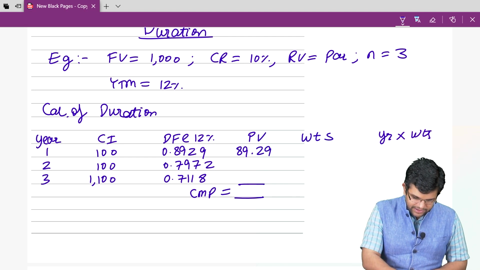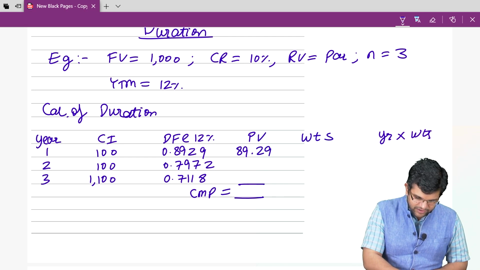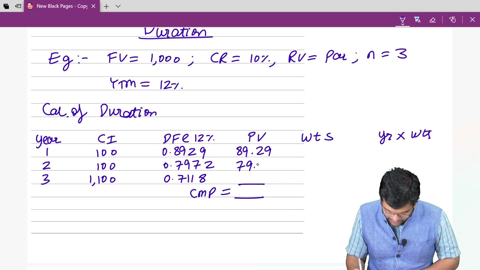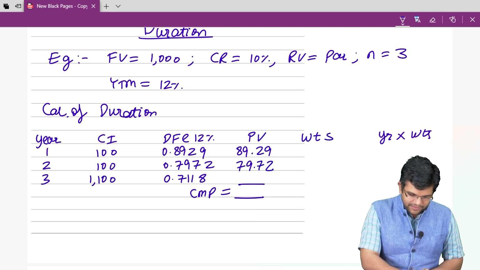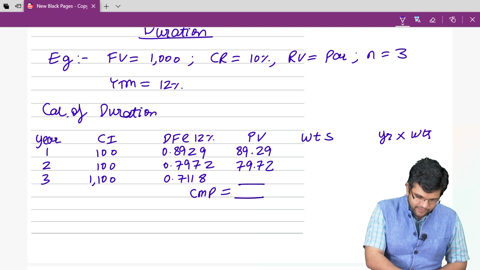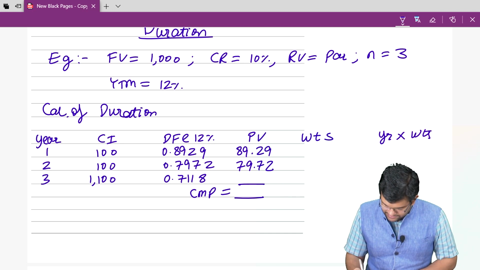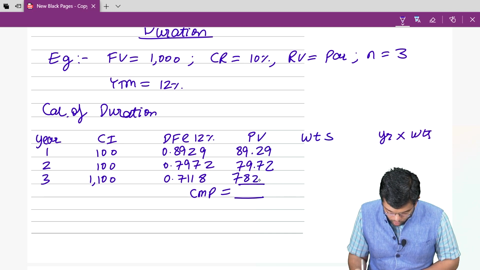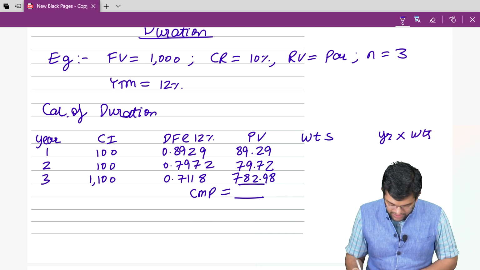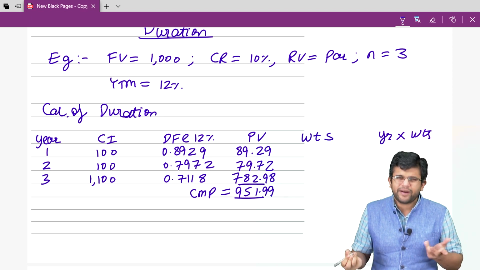Then there is 100 into 0.7972, this is 79.72, and there is 1100 multiplied by 0.7118, this is 782.98, and when we total, this comes to 951.99, or 952 basically.